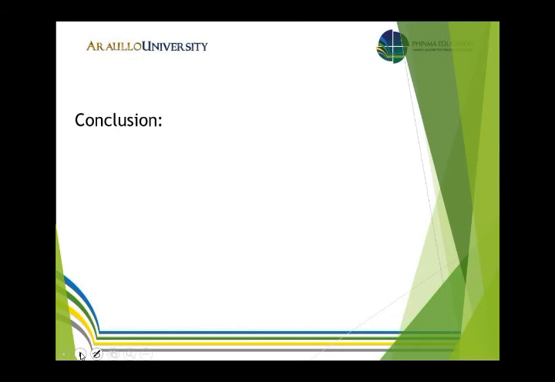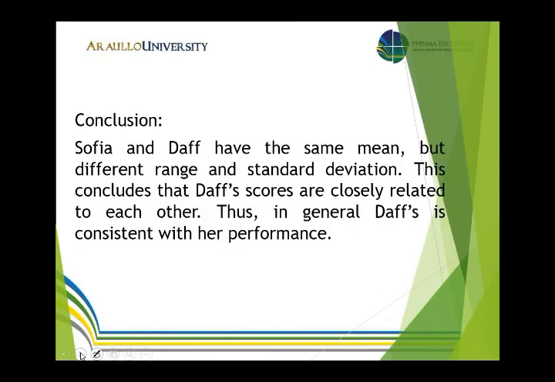Okay. So, conclusion. Sophia and Daphne have the same mean of 81.25, but different ranges. So the mean nila is 81.25.